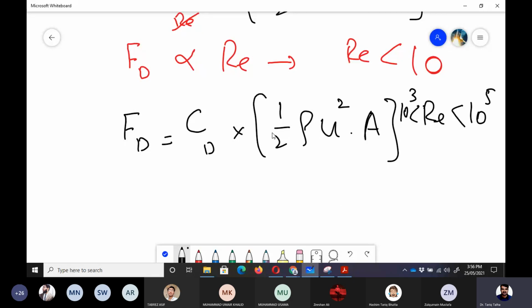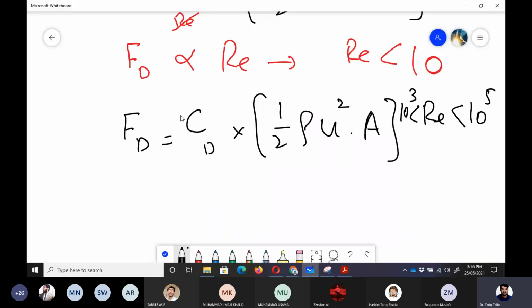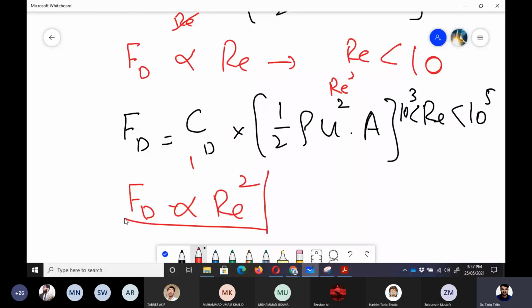In this range, the CD line is almost a straight line for the sphere as well as for the cylinder. So we can say that CD is not a function of Reynolds number, so instead of CD we can just put 1 here because it is independent. CD is constant, so now the weight is Reynolds number square. So in this region, FD is directly proportional to Reynolds number square.